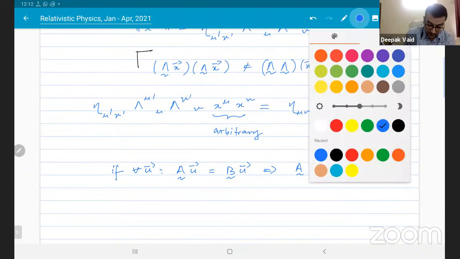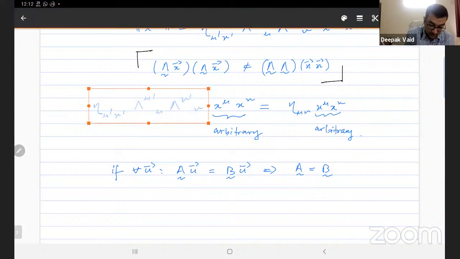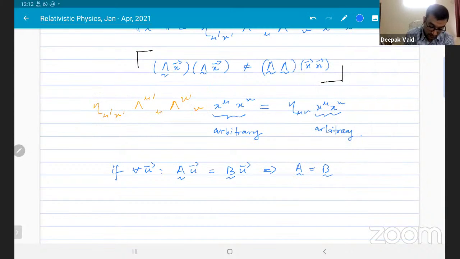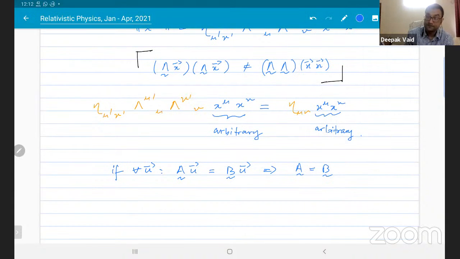So what does this tell me? This tells me that this object and this object, they have to be the same.